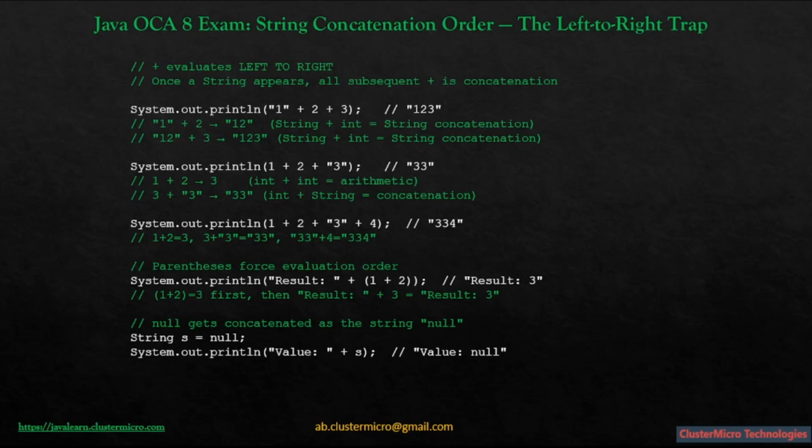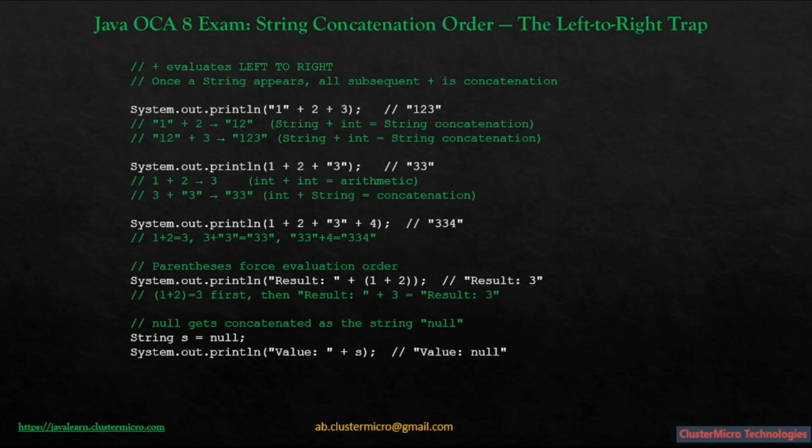The first operand is the string literal "1" within quotes, and the second operand is int 2. One side is a string, so Java performs concatenation. So "1" plus 2 becomes "12". Once a string appears on either side of a plus, that operation is a concatenation. And because we evaluate left to right, everything to the right of the first string gets pulled into concatenation one step at a time. So it becomes 123.